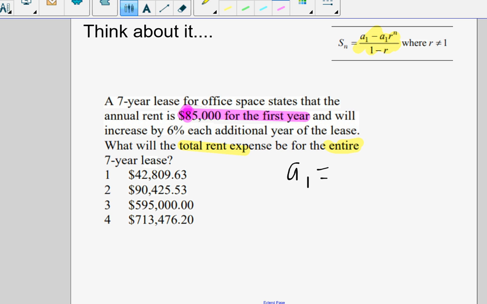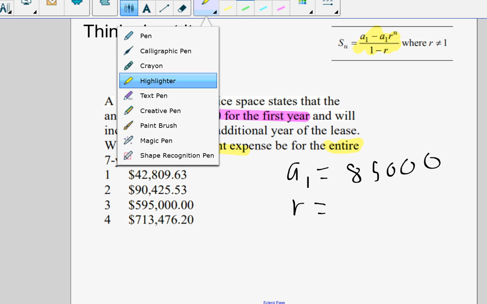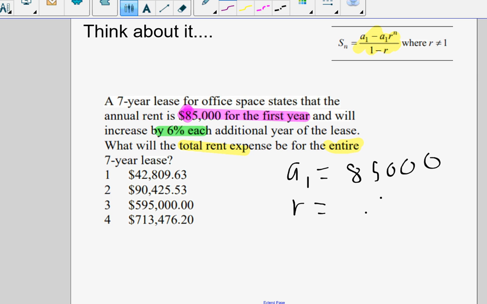$85,000. And then we need to find that r. We can see immediately that we have that increase by 6%. So we've got a rate of growth of 6%. But if we just plug in 6% or 0.06 as a decimal, that's not quite going to work.